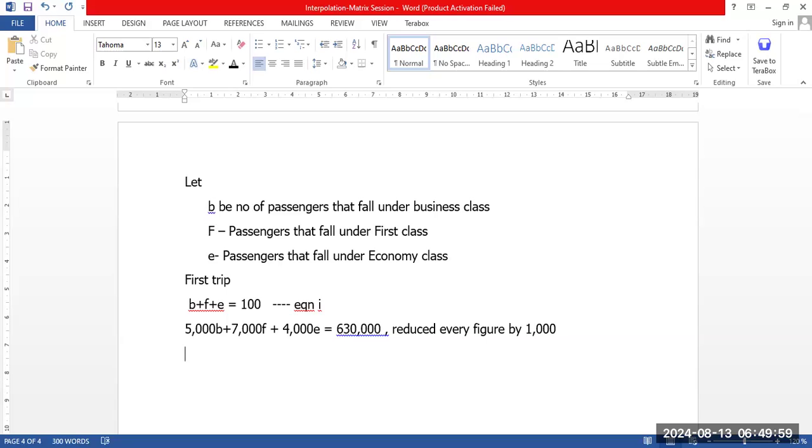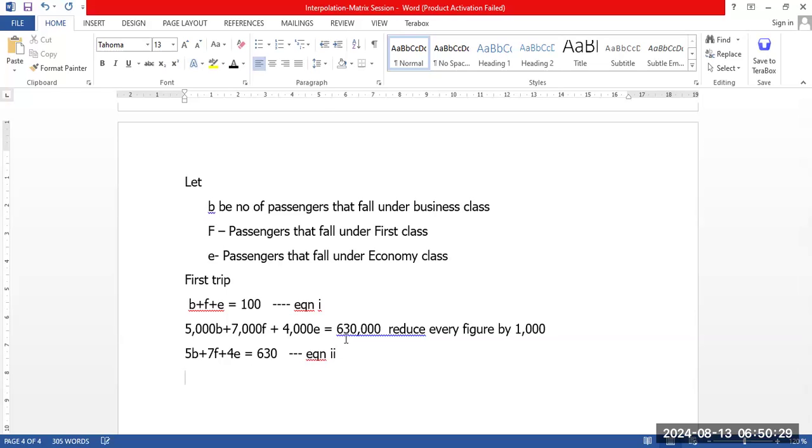Here we will have 5B plus 7F, then plus 4E, and it is giving us this. This is our equation 2.